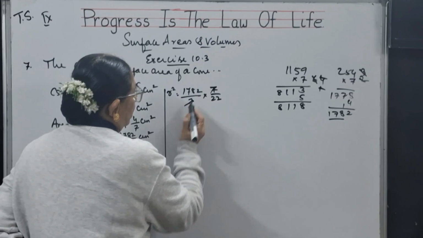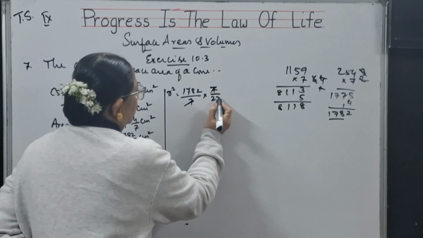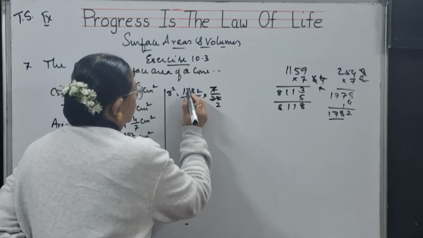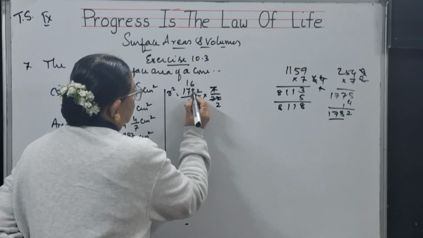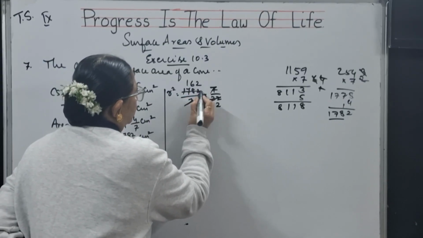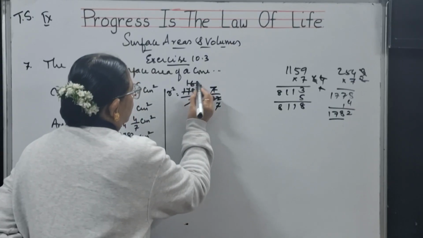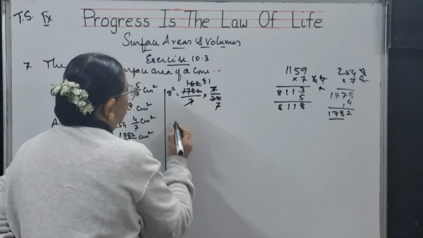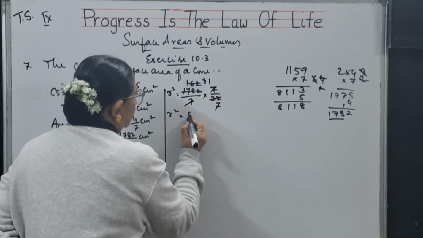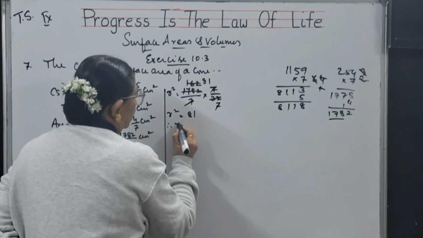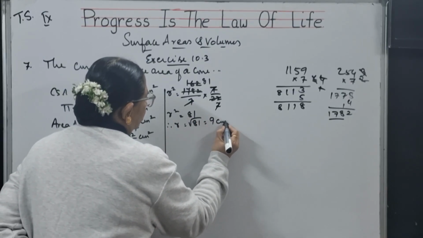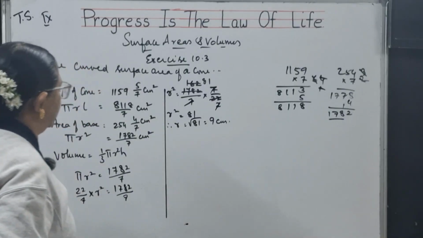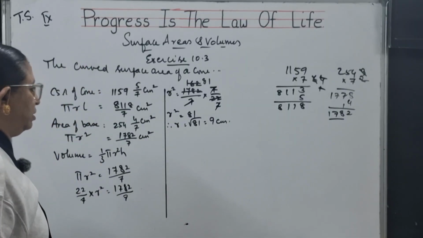So here 9 minus 9 is 0, so I can cancel it by 11. 11 ones are 11, 11 sixes are 66, 11 twos are 22. Now 2 ones are 2, 2 eights are 16, 2 ones are 2. R square is equal to 81. So what is R? Root of 81, that is 9 centimeters. We have got the radius as 9 centimeters.